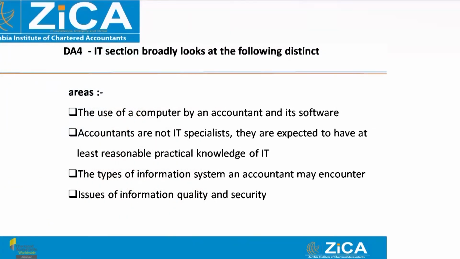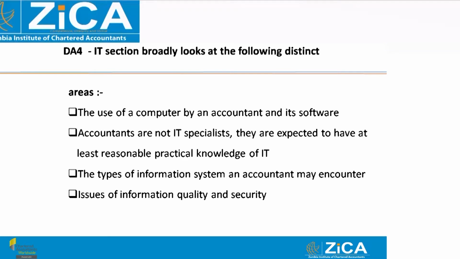Now, under DA4, as I earlier mentioned, the IT section is what has just been explained. So when we look at the IT section broadly, look at the following distinct areas that you need to concentrate on as an accountant attempting the paper.